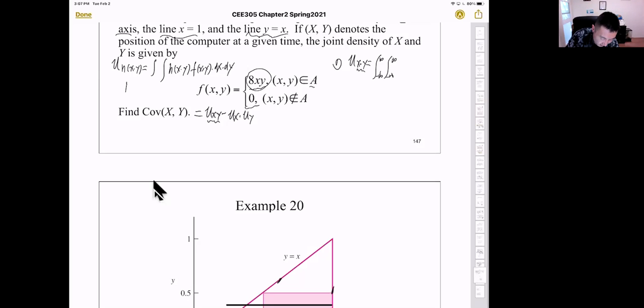Here h(x,y) is x times y, because we are trying to find the mean value of xy. So it is the integral of xy f(x,y) dy dx.